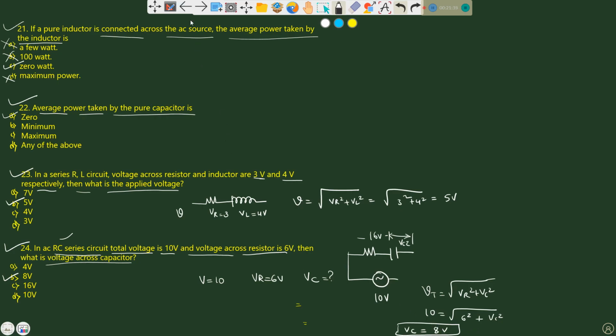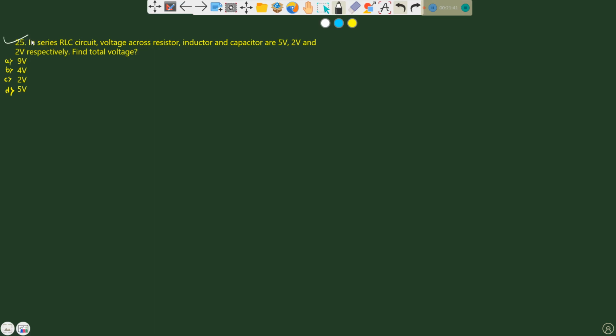So then we have the next question. In a series RLC circuit, voltage across resistor, inductor and capacitor are 5 volts, 2 volts and 2 volts respectively. Find the total voltage. For that we have Vt equals under root of Vr square plus (Vl minus Vc) whole square.